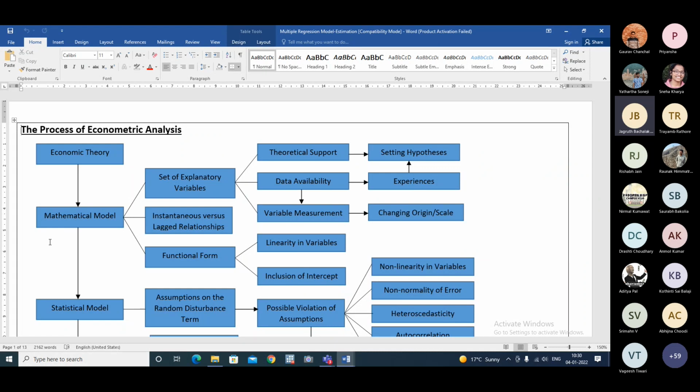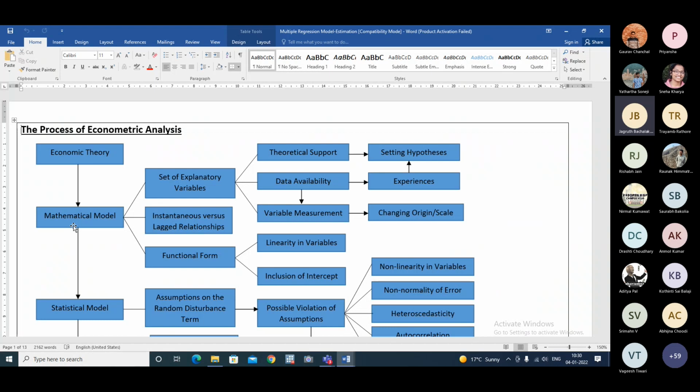In the first case, it is linear. In the second case, it is nonlinear. That's what, when we talk about mathematical model, it is not simply expressing economic theories in some mathematical forms. It is much beyond that.